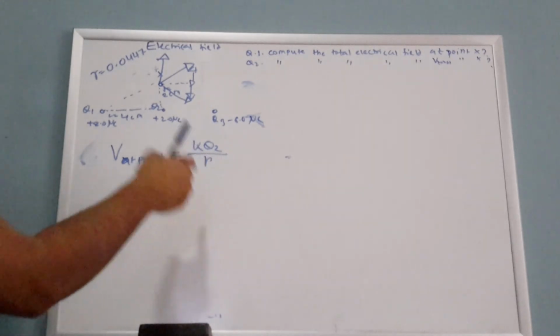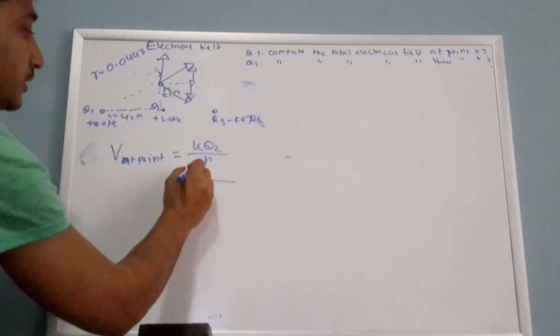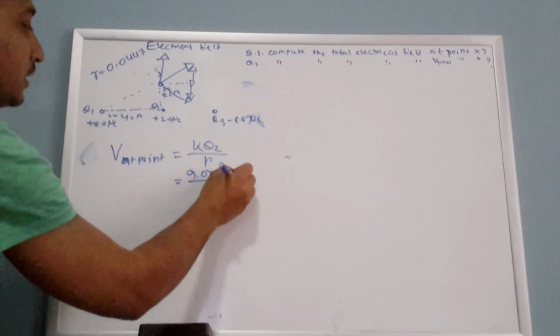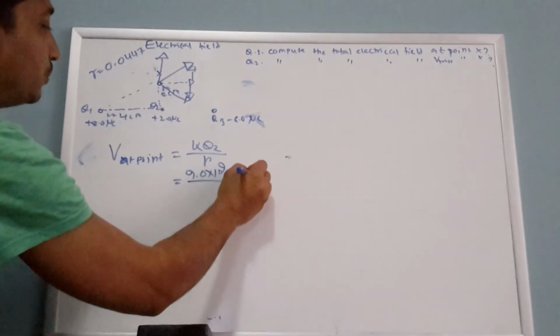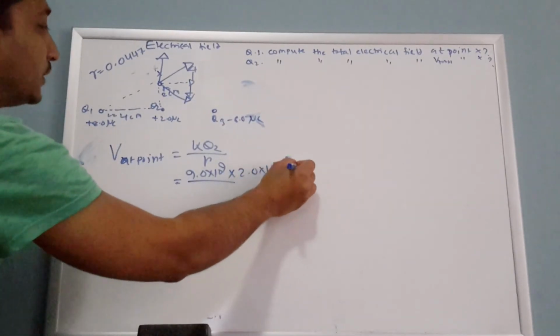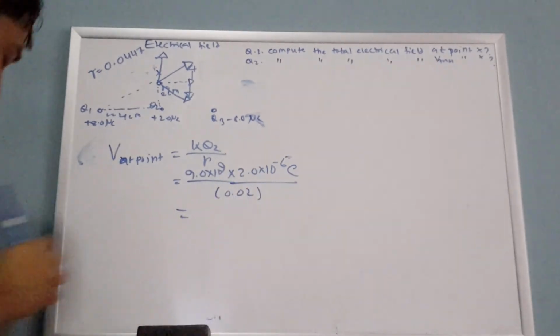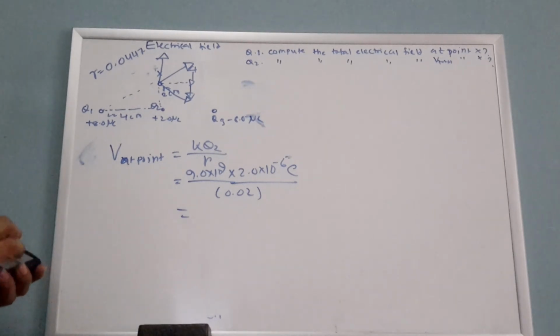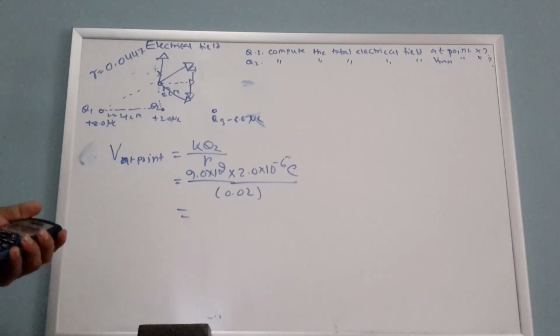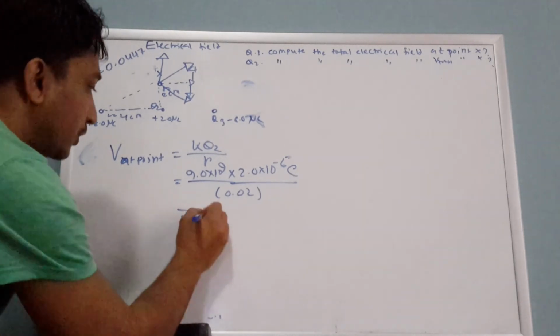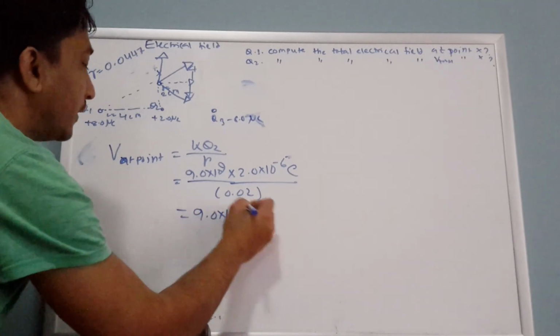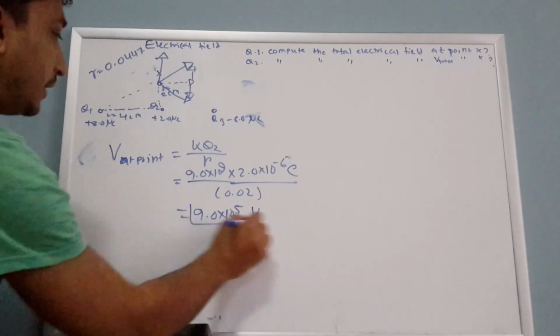Make sure it's not r squared, it's r. k is 9.0 × 10^9, Q2 is 2.0 × 10^-6 coulomb, and r is 0.02 meter. 9.0 × 10^9 × 2.0 × 10^-6 divided by 0.02 gives us 9.0 × 10^5 V, and this is our answer.